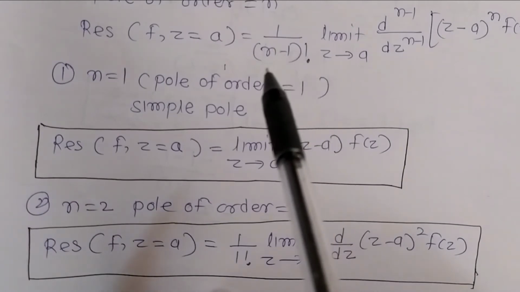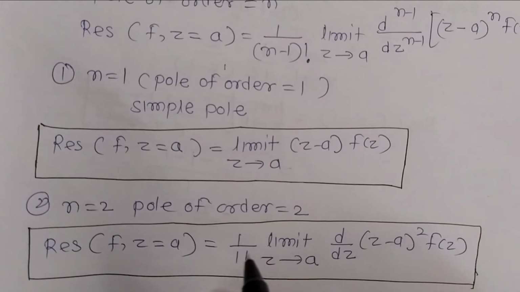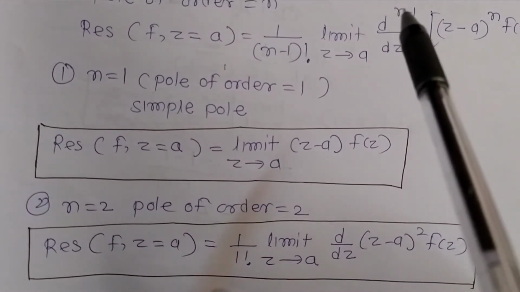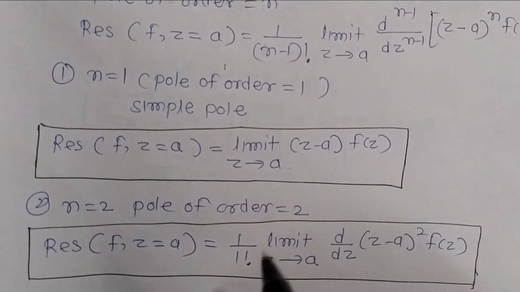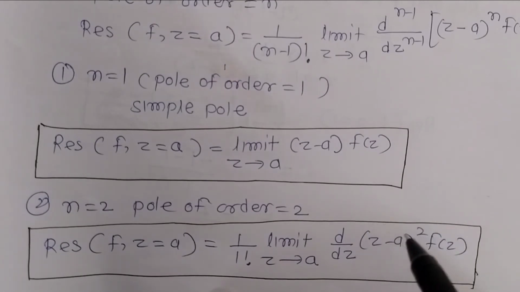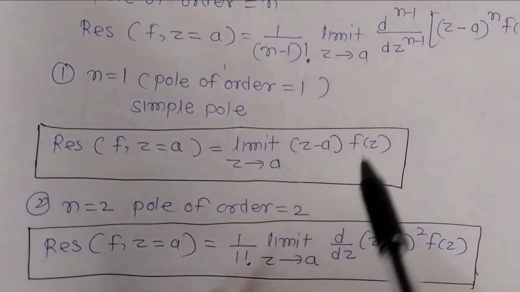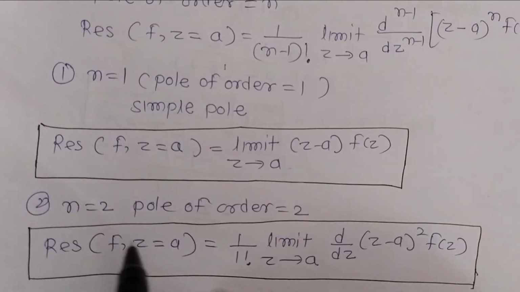Here n = 2, so n - 1 is 1, giving the first derivative with respect to z. So when the pole is of order 1 the residue is this, and when the pole is of order 2 the residue is this one.